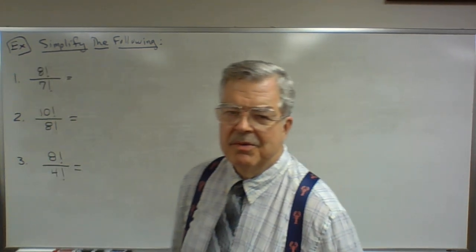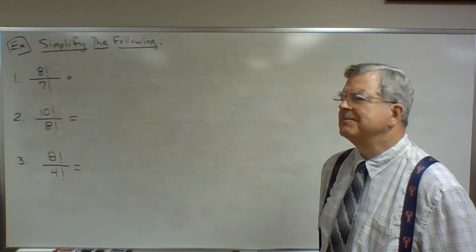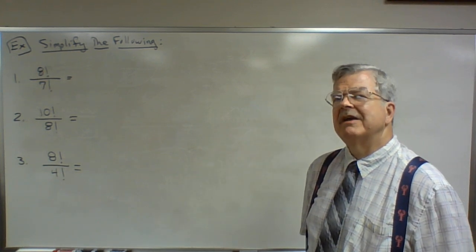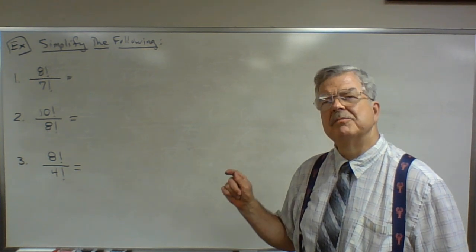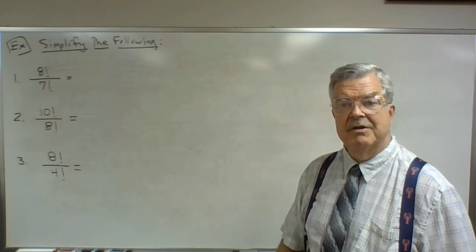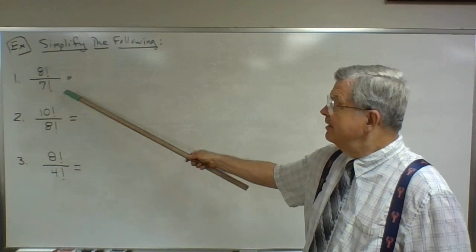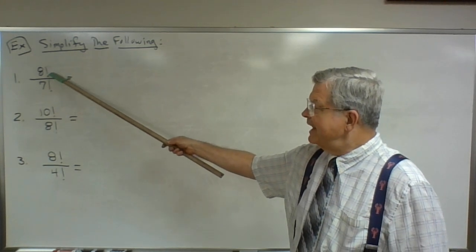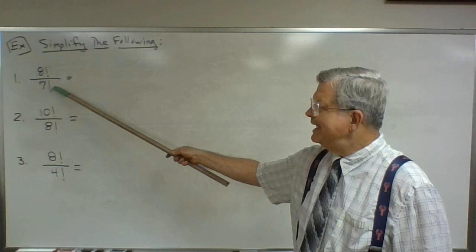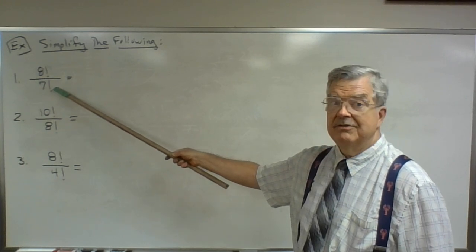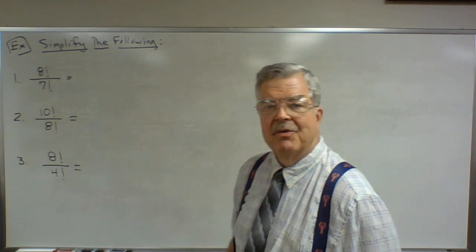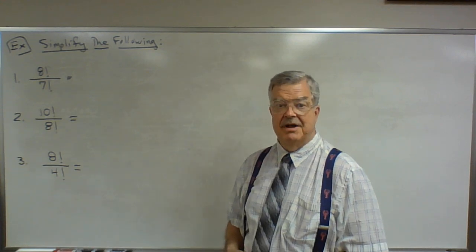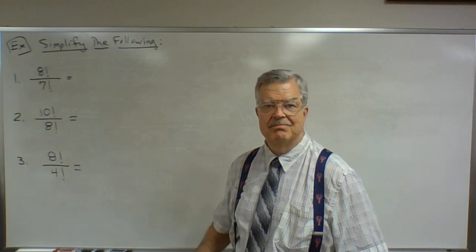We're going to use the fact that n factorial is equal to n times n minus 1 factorial, which means that 8 factorial contains as a factor 7 factorial. So what do you think? Write the numerator as 8 times 7 factorial?